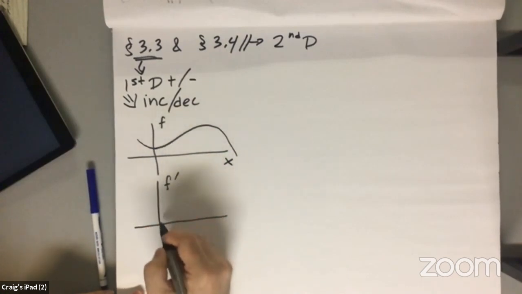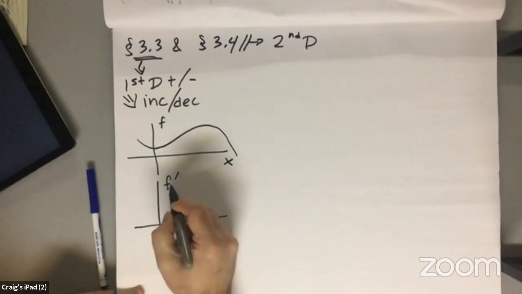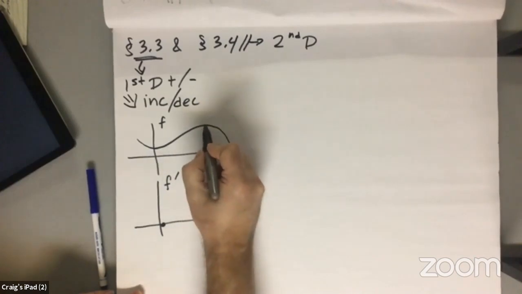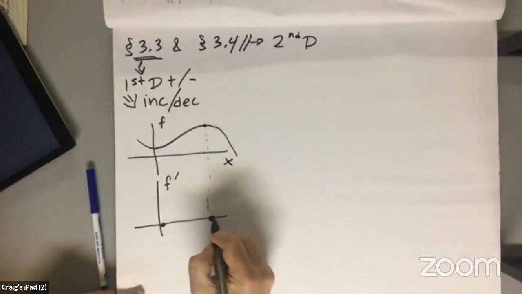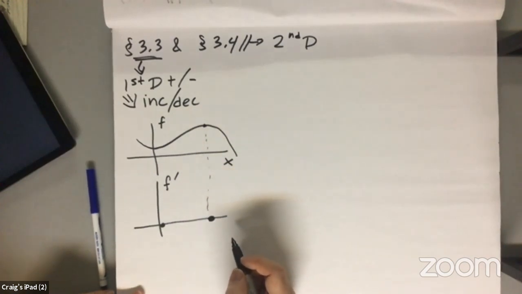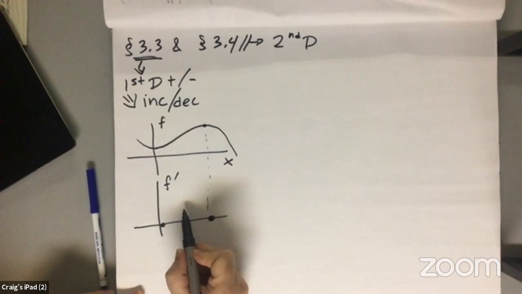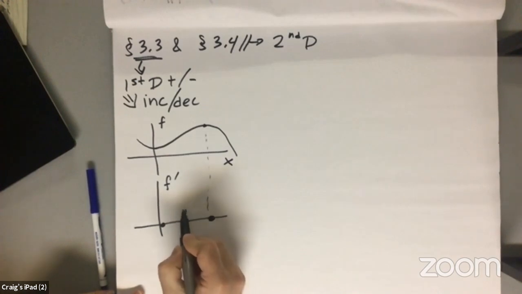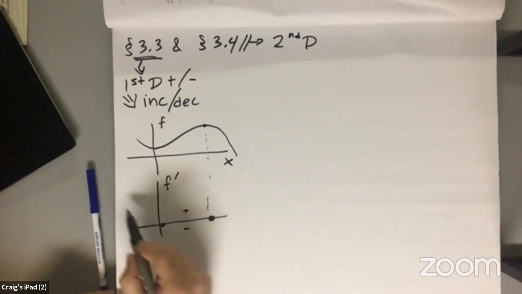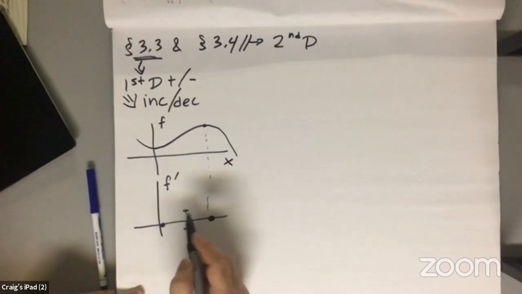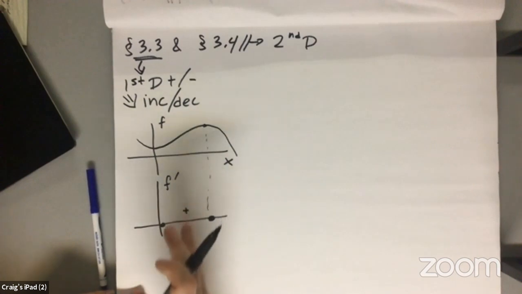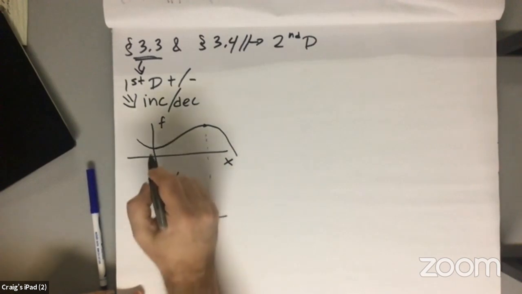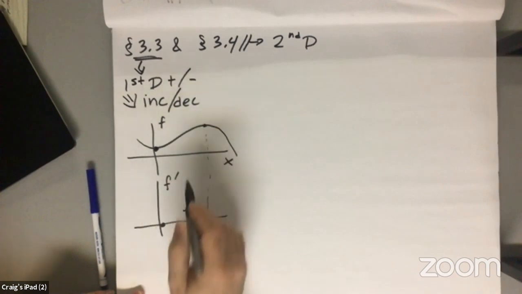At this spot right here, the first derivative is 0. And at this spot right here, as I go down, the first derivative is 0. And in between, is it positive or negative? That's sort of our question always. I only found the places where it's 0, and now everywhere else, it has to be either all positive or all negative between the spots where it's 0.